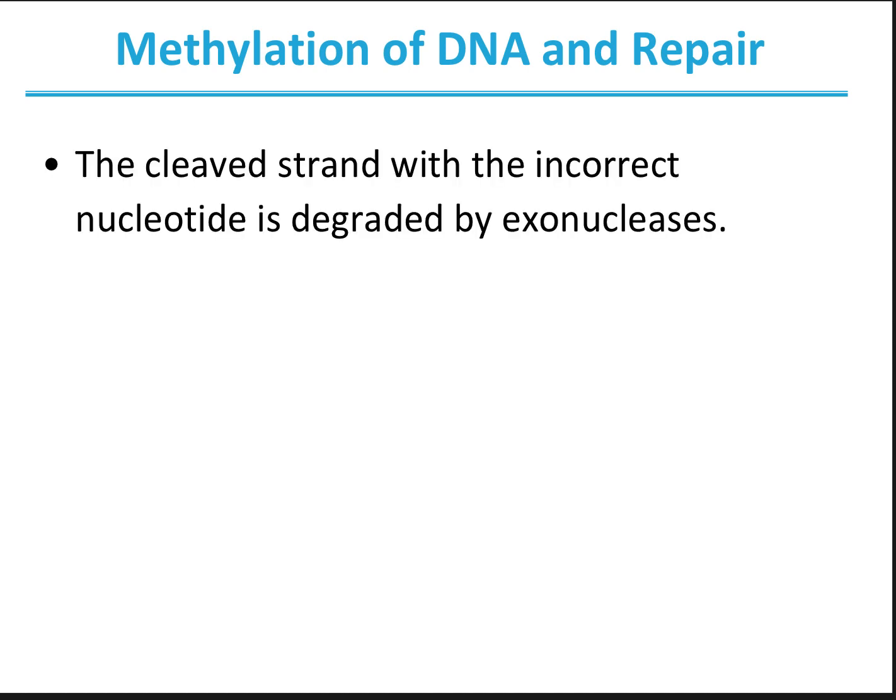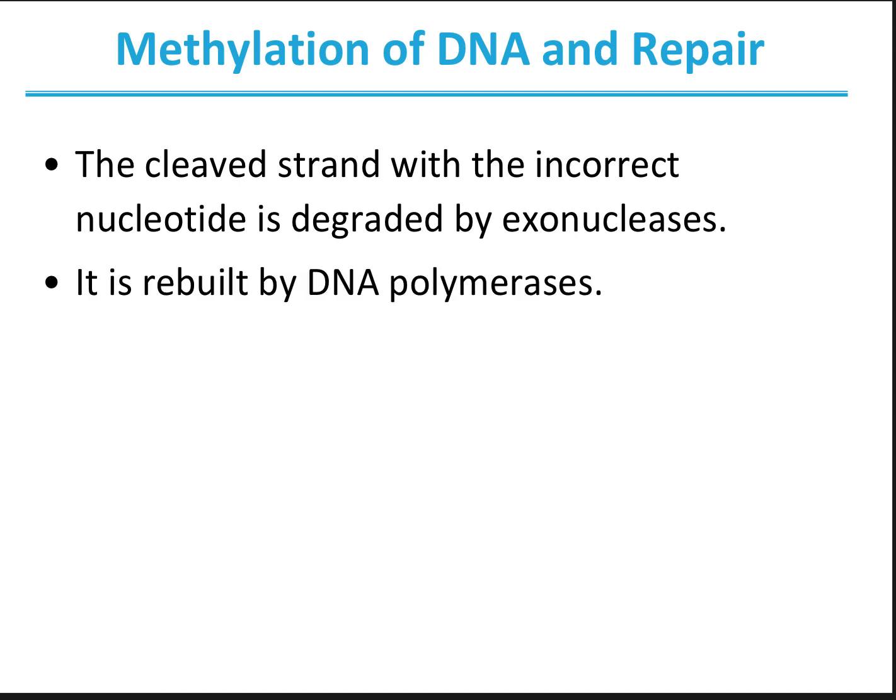So when we look at the overall process of DNA methylation and repair, ultimately what happens is that the cleaved strand with that incorrect nucleotide is degraded by exonuclease. It is then rebuilt by DNA polymerase using the correct template strand, or the correct parent strand as template, and it is sealed with DNA ligase.